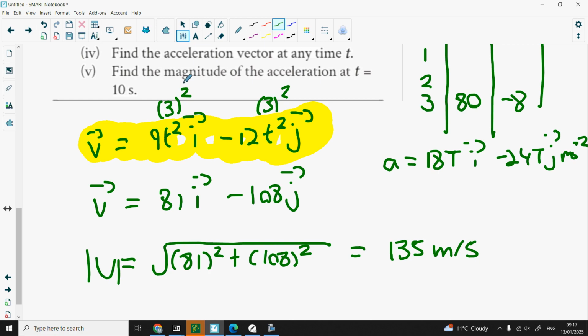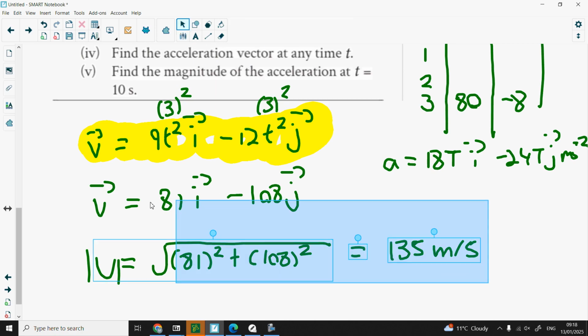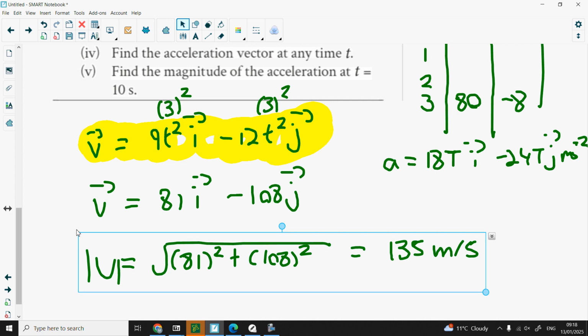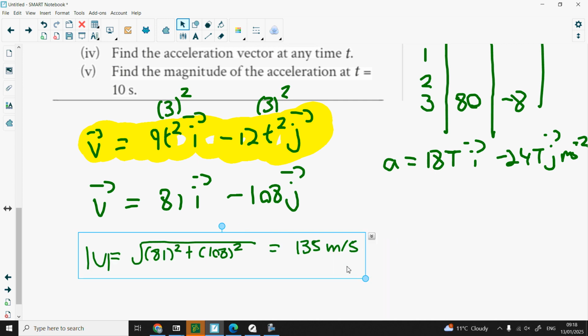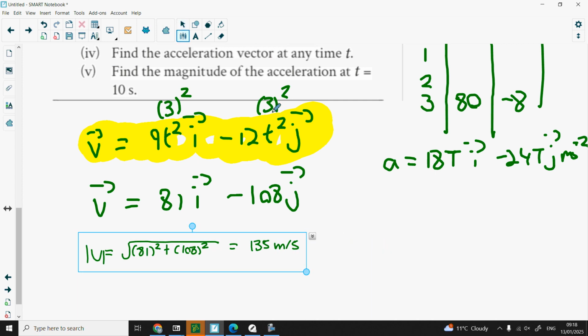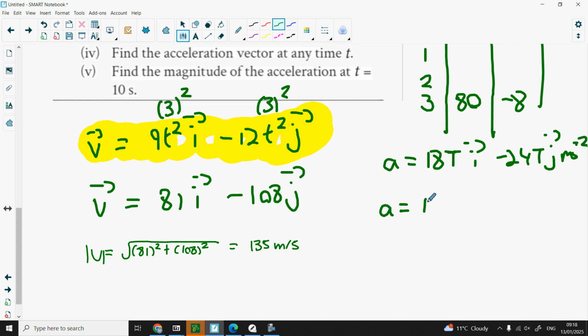Okay, what does the next part ask? The magnitude of the acceleration at t equals 10. So what do you think I'm going to do with this? Sub in 10. So I'm going to sub in 10. What do you get? 180i minus 240j. We cool with that?